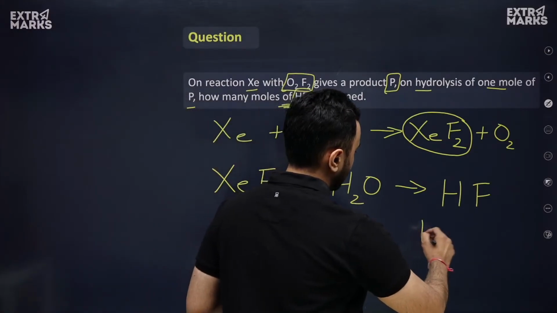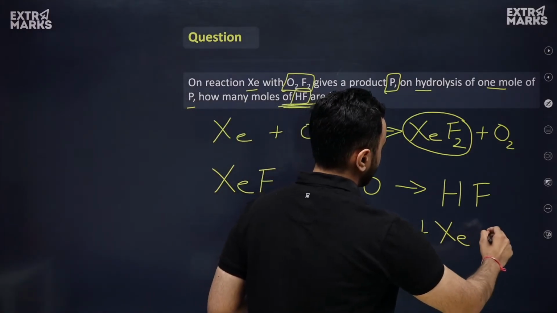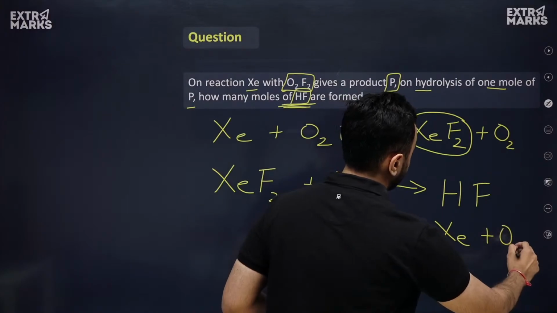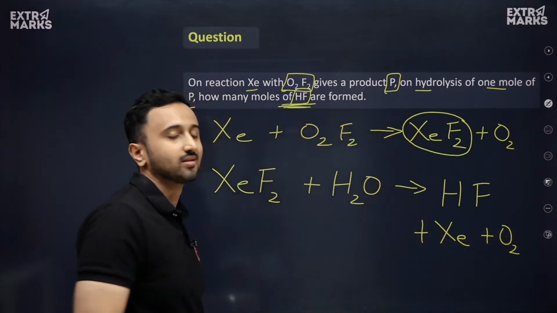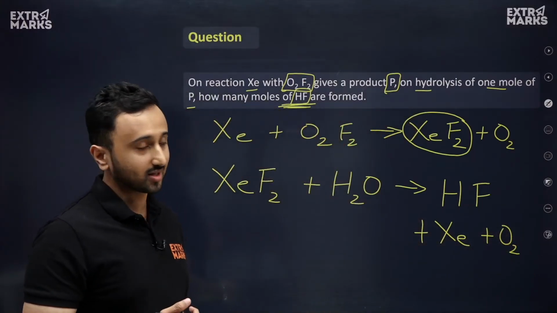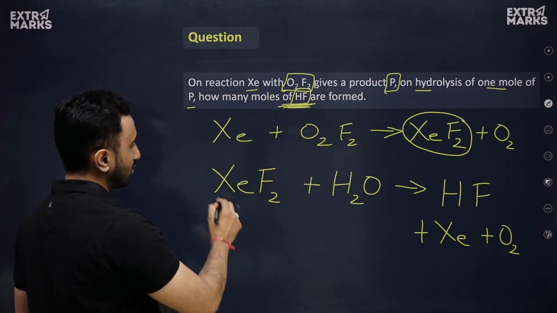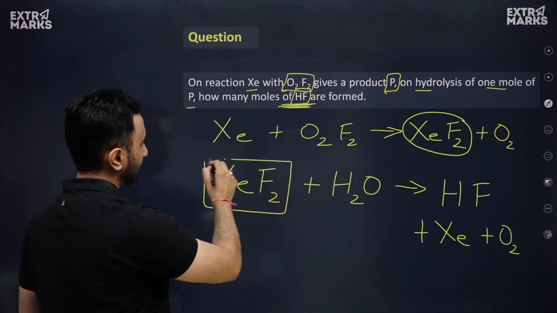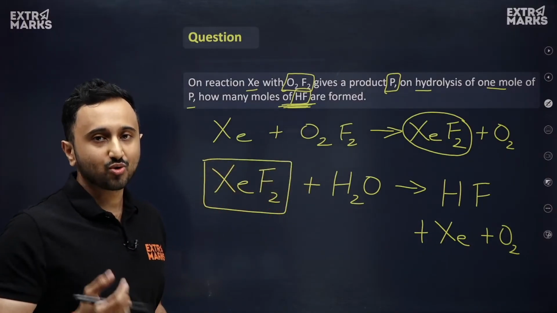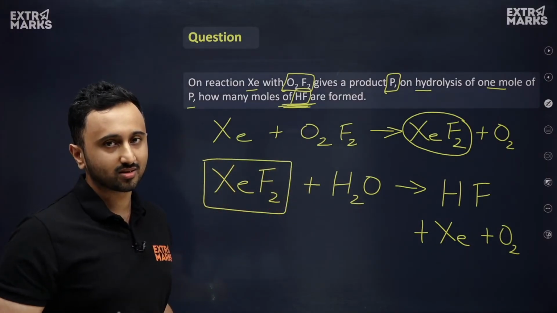So we can write Xe and O2. This is the complete reaction. But now the question is asking how many moles of HF will be formed if you take only 1 mole of XeF2. So now the question is, how will you balance this equation?